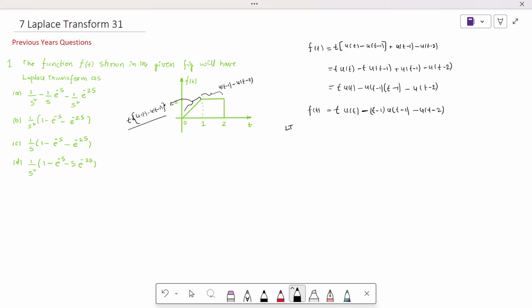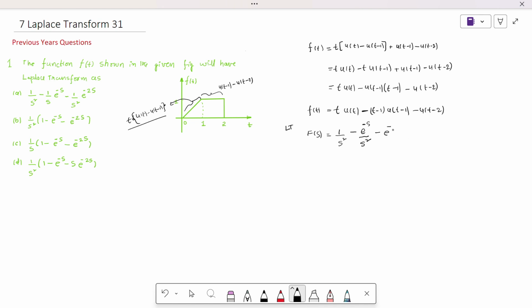Now apply Laplace transform on both sides. F of s equal to, t Laplace transform equals 1 by s square, minus t into u of t Laplace transform 1 by s square. So this is a delayed signal. For the time delay, e power minus s into t naught, with t naught equal to 1. So we will get e power minus s by s square. Then now this is simple, unit step delayed by 2 units.